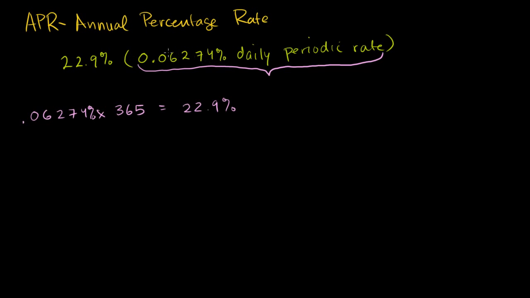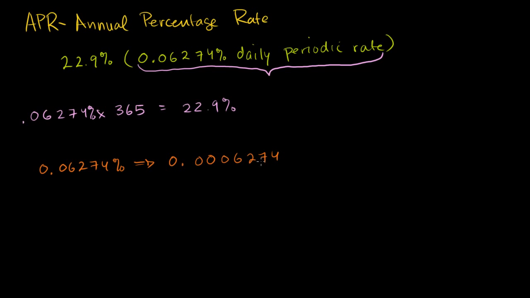So let me write that as a decimal. 0.06274%, as a decimal, is the same thing as 0.0006274. 1% is 0.01, so 0.06% is 0.0006 as a decimal. Now, this is how much they're charging every day.